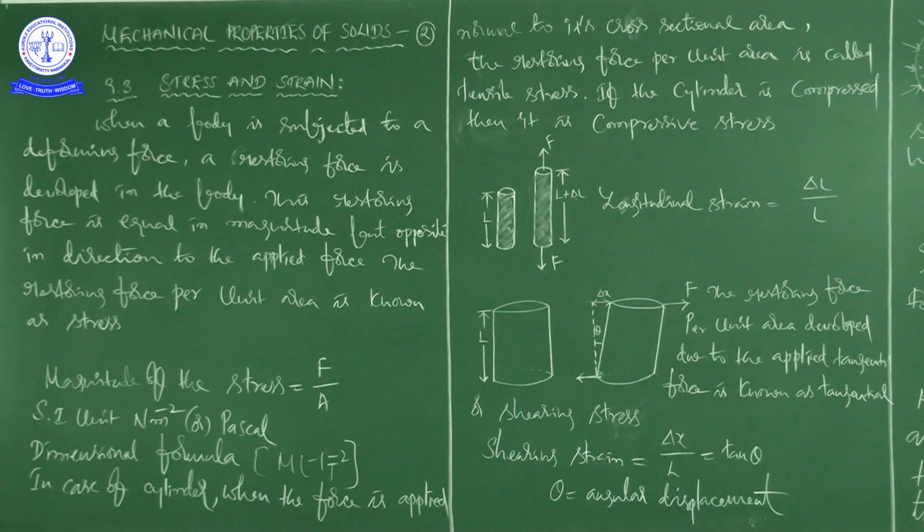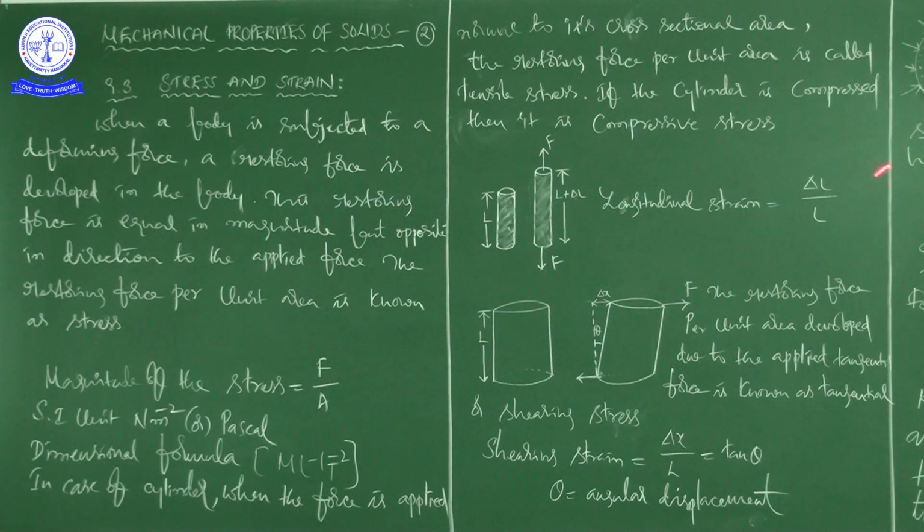Tan theta is equal to opposite side by adjacent side. So shearing strain delta x by L is equal to tan theta. If theta is small, you can take tan theta approximately equal to theta. Then you can say delta x by L is equal to theta also in case of shearing strain, right.